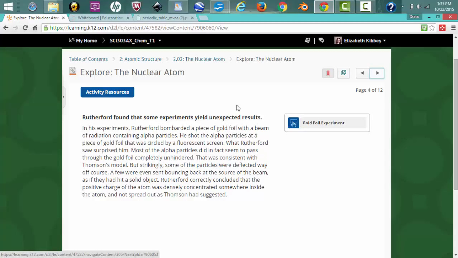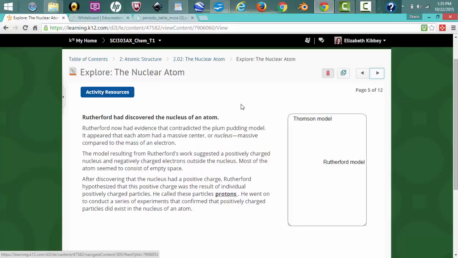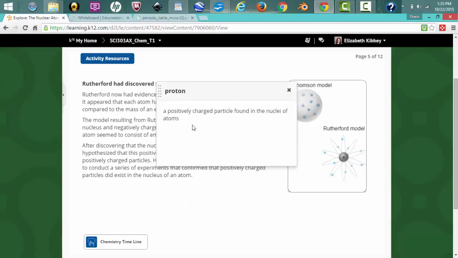Rutherford found some experiments yield unexpected results. He did the gold foil experiment, and he discovered the nucleus of an atom. Now, here's a definition that we should keep in mind. A proton is a positively charged particle found in the nuclei of atoms.